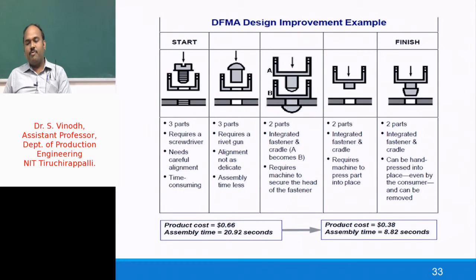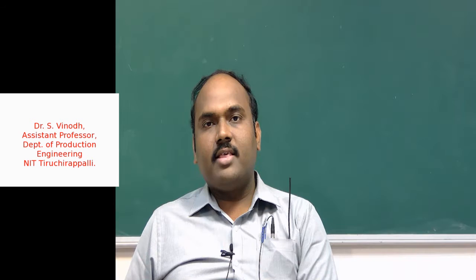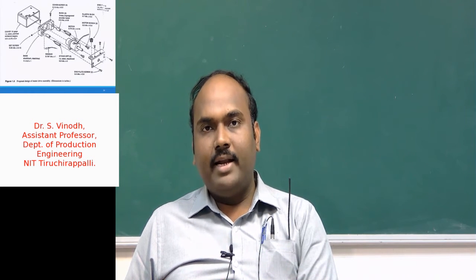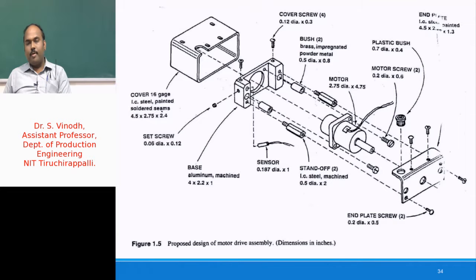As a result of these 5 steps in the DFMA study, the product cost got reduced, as well the assembly time got reduced significantly. This is a very classical example for DFMA. The same as I told earlier, a motor drive assembly we could see in a better enhanced version. This is the proposed design, this is the existing design of a motor drive assembly, which looks complex.